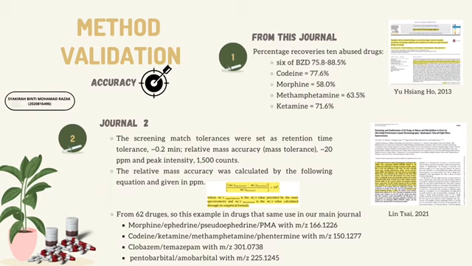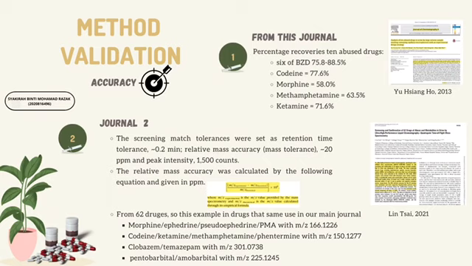In Journal 2, it is a little bit different because they use mass spec to determine the analyte. The screening match tolerance was set as retention time, and they also use relative mass accuracy. The formula is shown below. From the 62 drugs, we only provide the examples that we have in our main journal, compared to Journal 2.